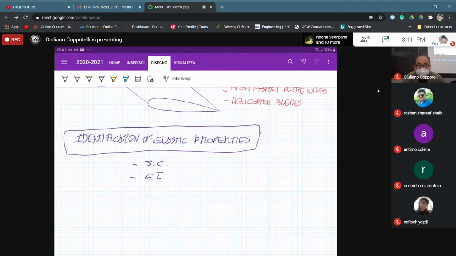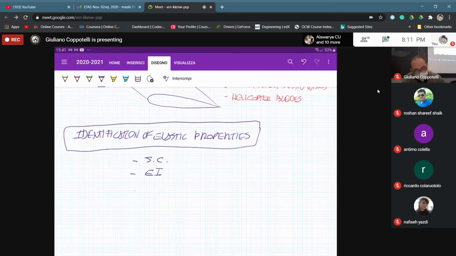Please note, this is the product, the equivalent. We are not going into details of both E and I. And of course, the torsional properties, GJ, the product of the shear modulus G and J, the factor of torsion. These are the elastic properties that we are going to identify.